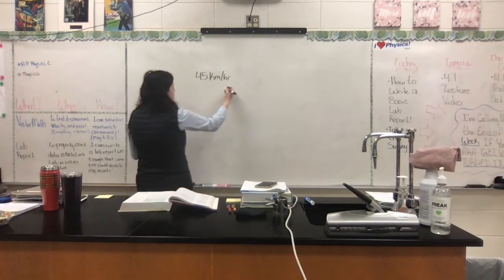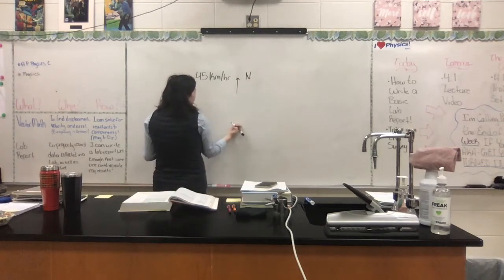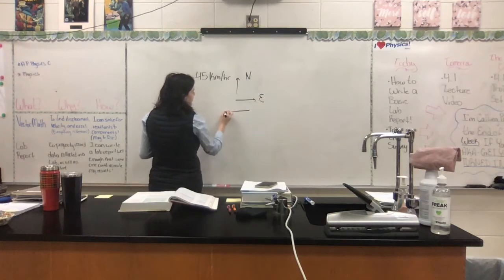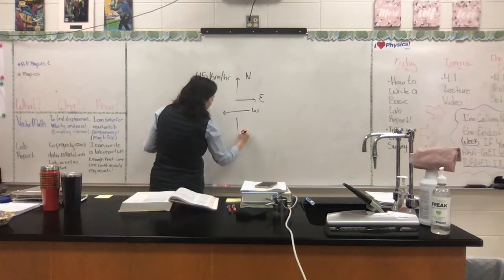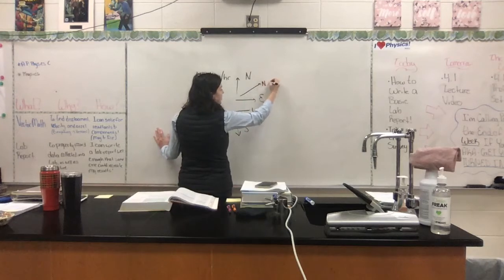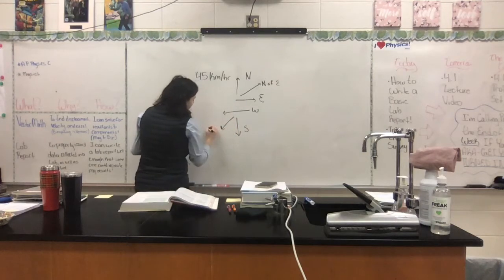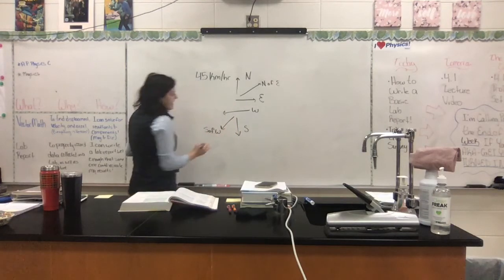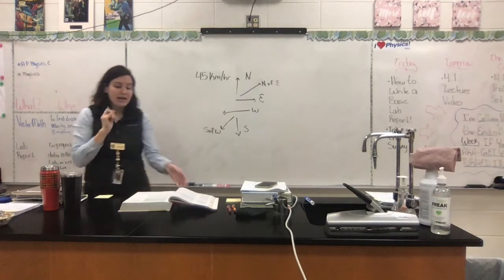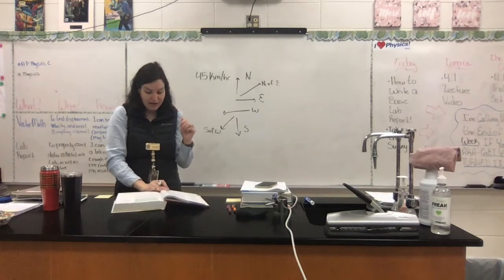So we could say if the van were going this way, it would be 45 kilometers per hour north. If it were going this way, it would be 45 kilometers per hour east. If it were going this way, it would be west. If it were going this way, it would be south, and so on and so forth, like north of east or south of west, okay? So remember to always include that little bit extra, that direction, okay?